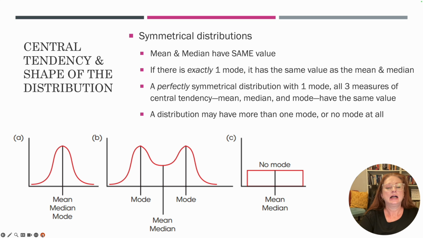Now, a distribution may have more than one mode. Look at B. That's called a bimodal distribution. And to really drive you crazy, a distribution can have no mode, like C. So a distribution can have no mode and still have a mean and a median.